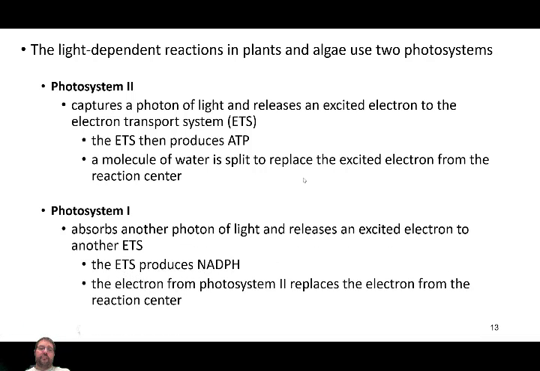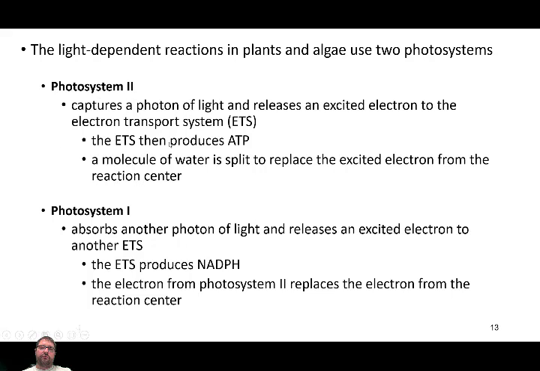Photosystem 1: a photon is picked up again by the antenna complex. Energy migrates to the reaction center. The electron is excited and moves to another electron transport system. Now that electron that was in the reaction center of photosystem 1 came from photosystem 2.